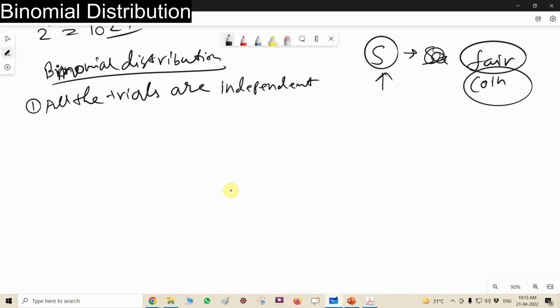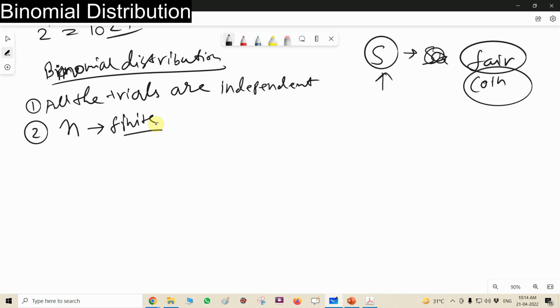In that condition, you will be using the binomial distribution. First one. Second one, the total number of the elements n should be finite.